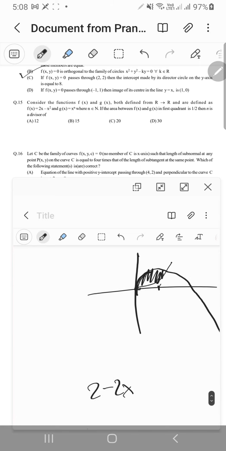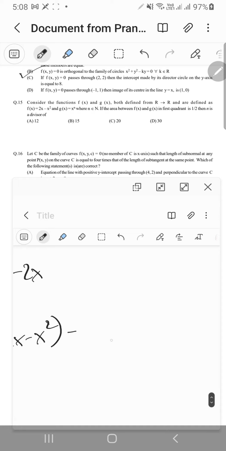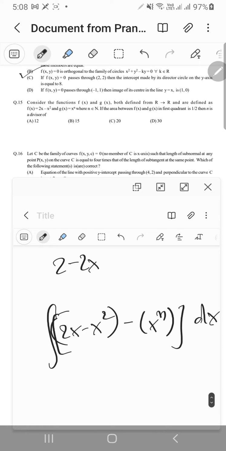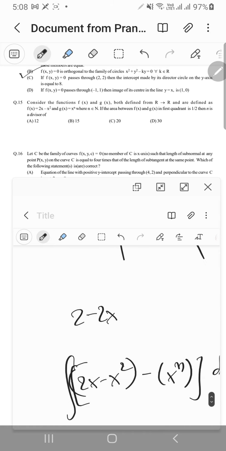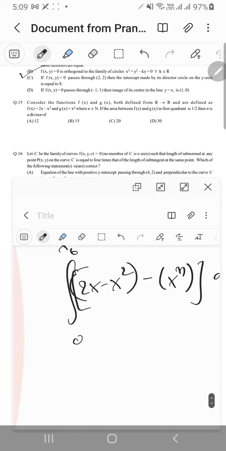So just integration of 2x minus x squared minus x power n dx, from somewhere to somewhere, but we have to solve for that somewhere, 0 to x naught, of course, and this should be equal to 1 by 2.